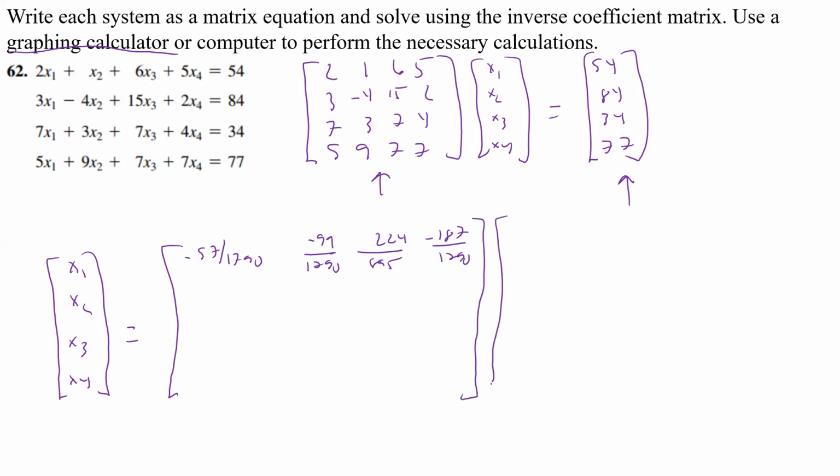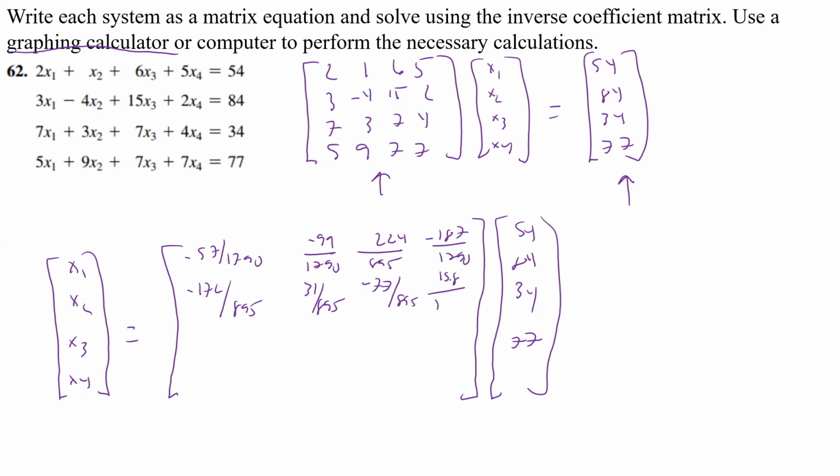And then we're multiplying that by our B, which was our 54, 84, 34, and 77. All right. And then the next row was negative 172 over 895. Then we had 31 over 895, and then negative 77 over 895, and then 158 over 895.